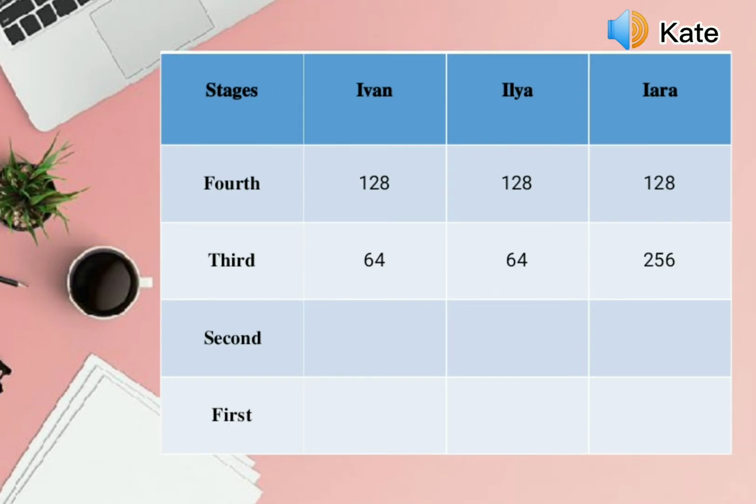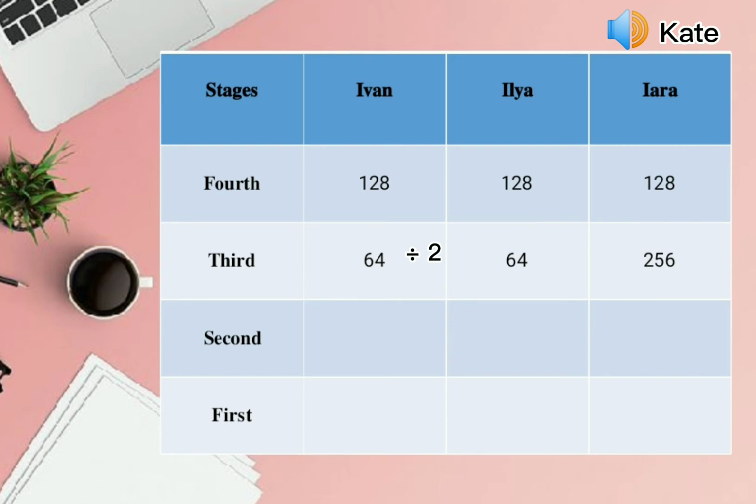Next to solve is the second stage. The given is Ilya gave Ivan and Ayara as much money as each has. Since Ilya gave money to Ivan and Ayara, we will solve for Ivan and Ayara first. For Ivan, we divide 64 by 2.